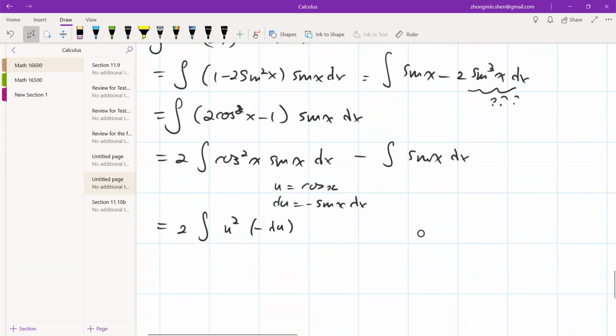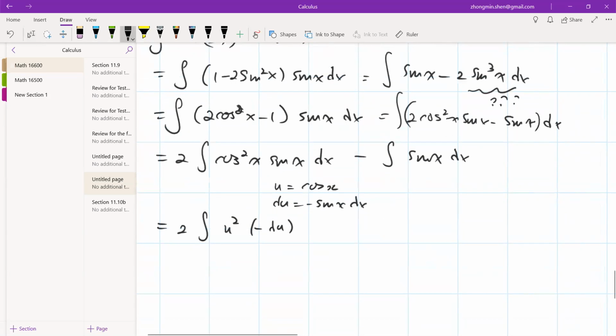Just separate, that's going to be 2 terms.